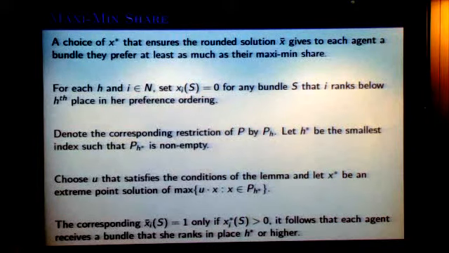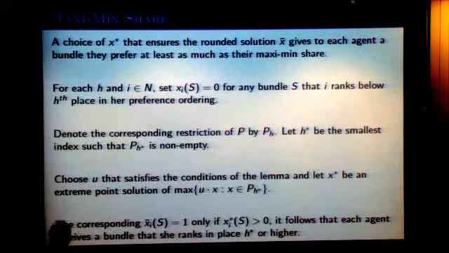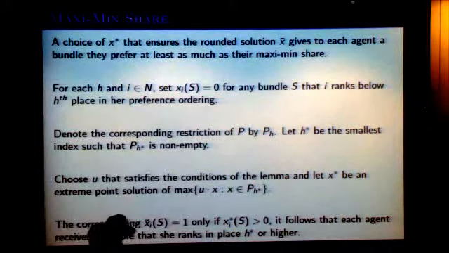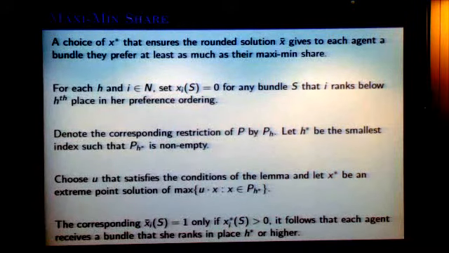So you're only keeping the bundles that an agent ranks H or higher. Let H be the smallest index for which there's a feasible fractional way to assign everyone a bundle they rank H or higher. So that's your initial fractional solution. And then the result about the lottery says there's a way to express that solution as a lottery over integer solutions. And in that lottery, everyone is getting a bundle that they rank H or higher. But the cost is you violate the capacity constraint by k minus 1.